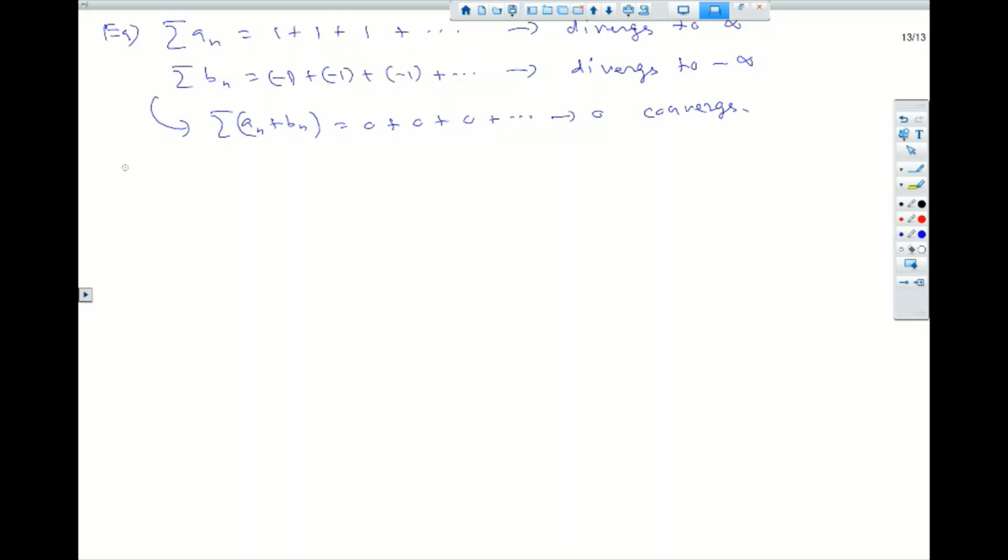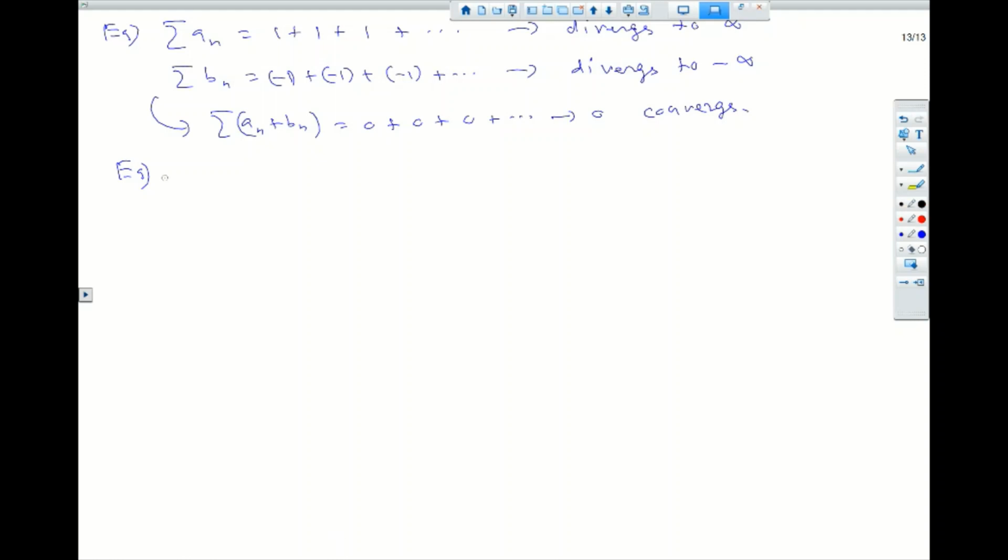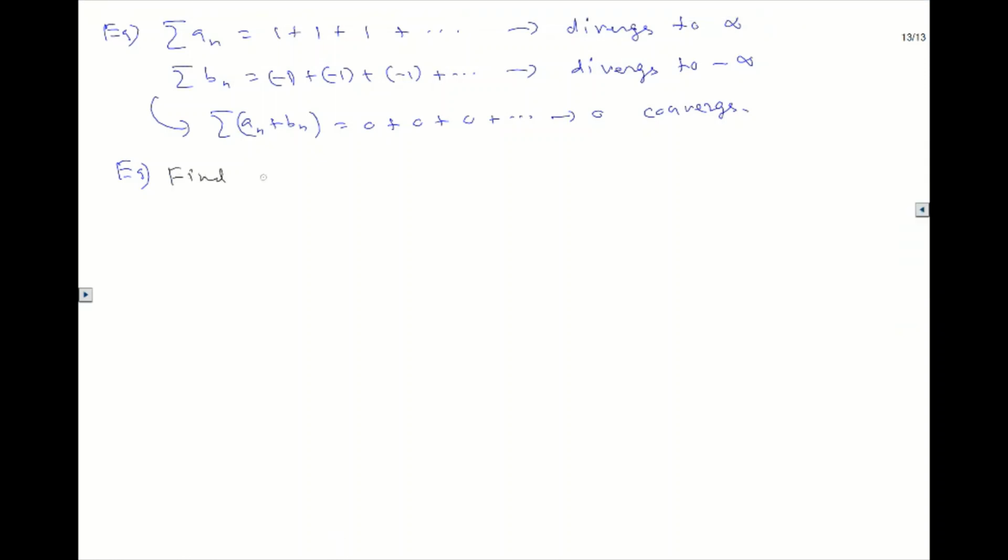Okay, so example: find the sum of the following series. The first one, sigma n going from 1 to infinity, (3^(n-1) - 1) over 6^(n-1).